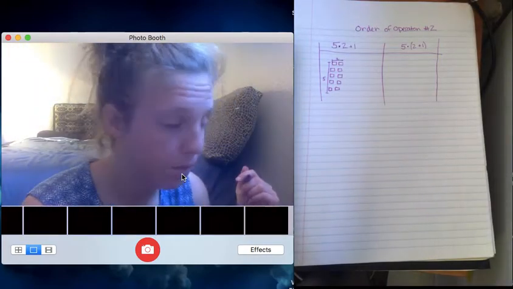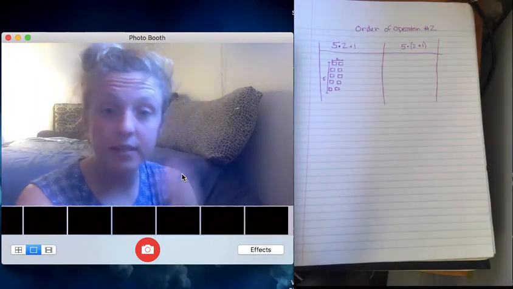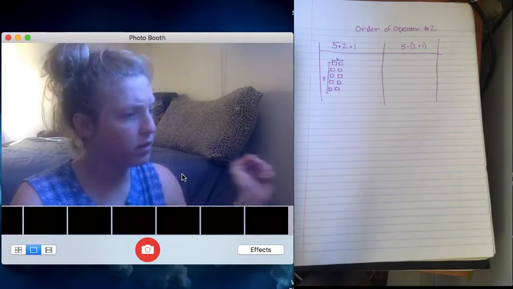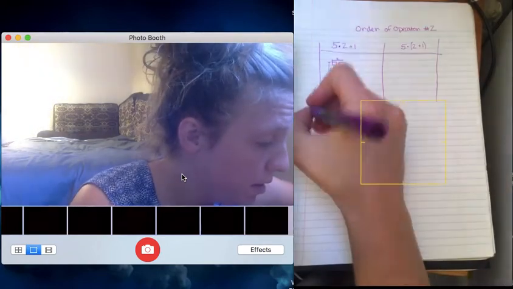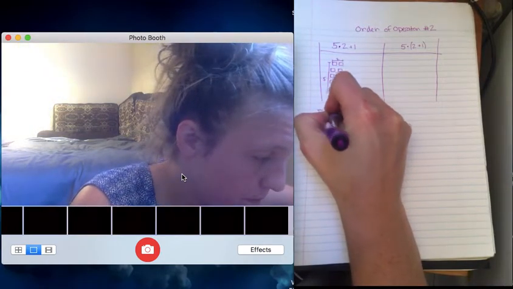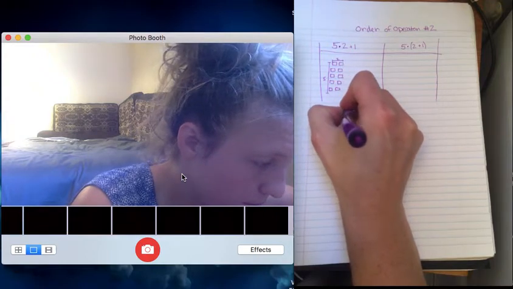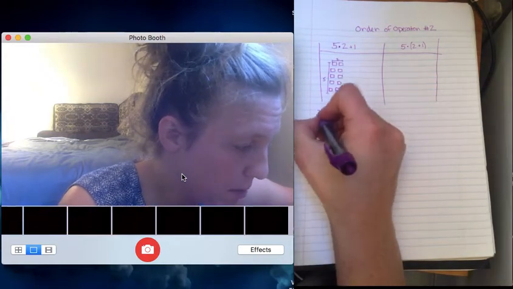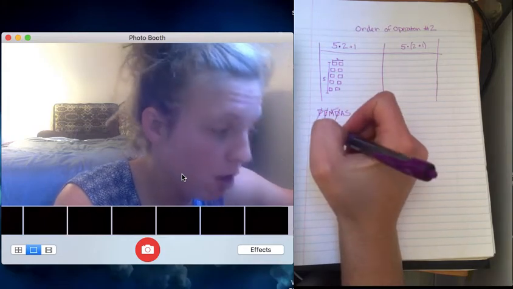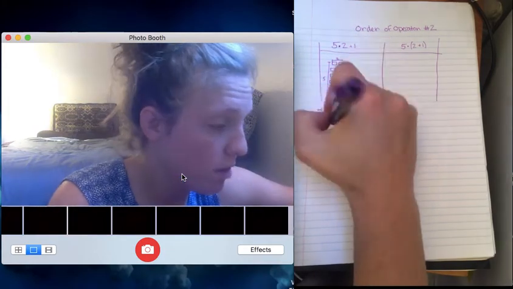Okay. And then the next step, PEMDAS, parentheses, exponents. Here, let's just write this here. PEM. Okay, so we didn't have parentheses, we didn't have exponents, we already did our multiplication, we don't have division, but we do have addition. So now we do our addition problem.